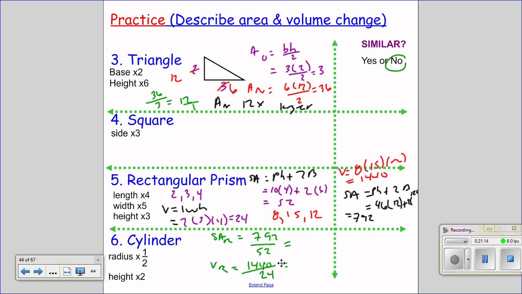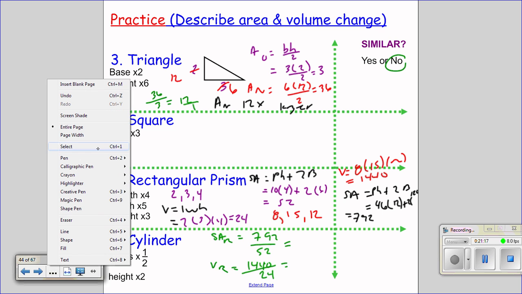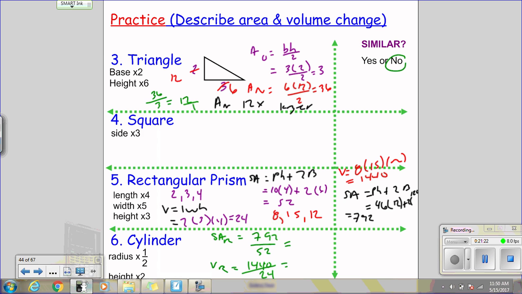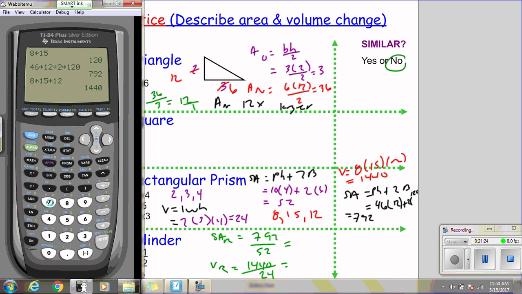And let's see what happens in this scenario when we reduce in our calculators. So 792 divided by 52. Ooh, that's not so nice.